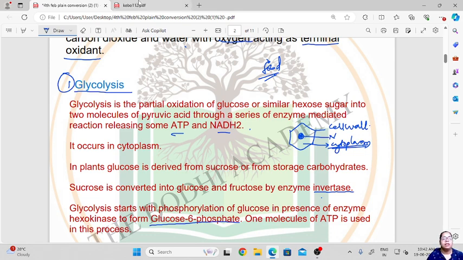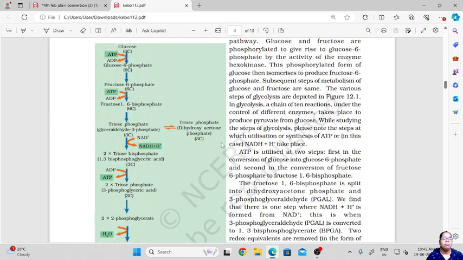So let us see now this in a cyclic form. So in glycolysis, over here we can see that glucose is converted to glucose 6 phosphate.